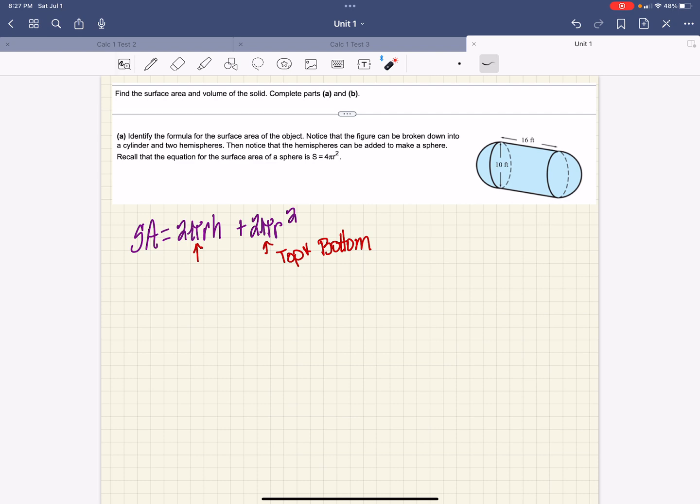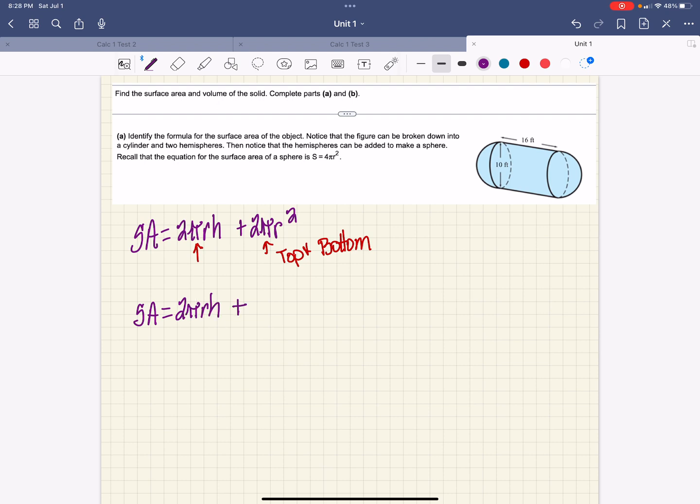So the only part of the surface area of a cylinder that I want is this right here. I don't want that part. Okay? So the surface area of this figure is going to be 2 pi r times h.